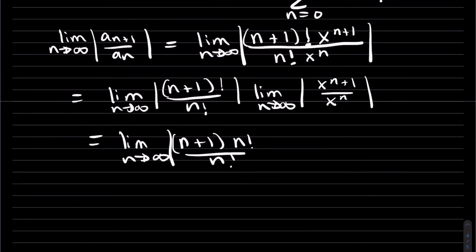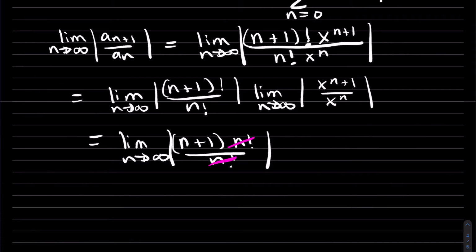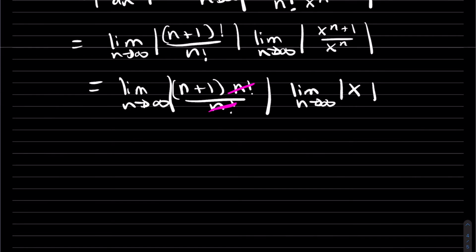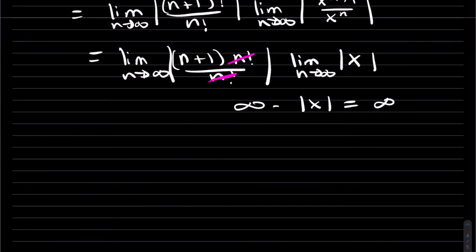It's still the absolute value of, so we can see those will cancel. So this looks like it's going to be the absolute value of x times infinity. I don't care what x is, it's going to go to infinity, which is never going to be less than 1. Again, that's our p.